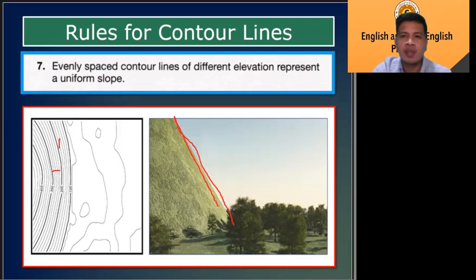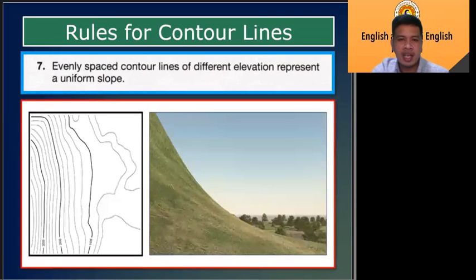Next, the third kind of slope is what we call a concave slope, like this one. The contour lines showing a concave slope on a map will be closely spaced at the top of the terrain feature, and widely spaced at the bottom.